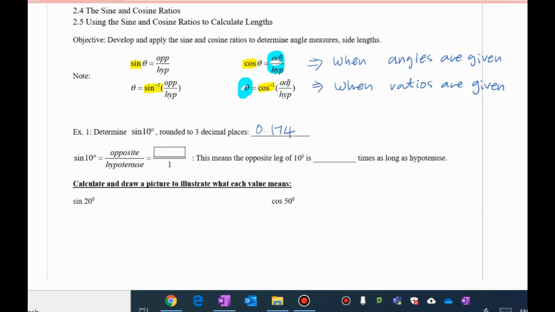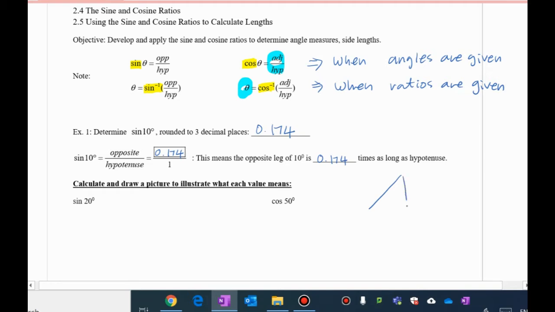Sine is SOH, so O over H. So it's basically 0.174 over 1. So this means that the opposite leg of 10 degree is 0.174 times as long as the hypotenuse.